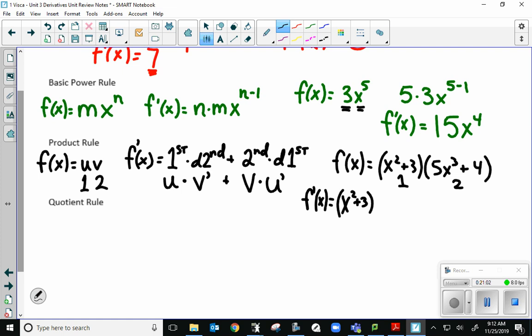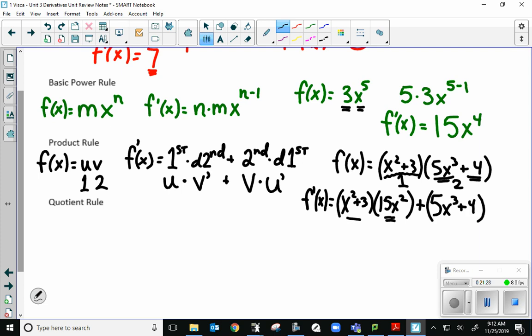I'm going to use the power rule for this one, which gives 15x squared. And then the constant rule, the derivative of any constant is 0. So that's it. First times derivative of the second, plus the second, just as it is, 5x cubed plus 4, times the derivative of the first.